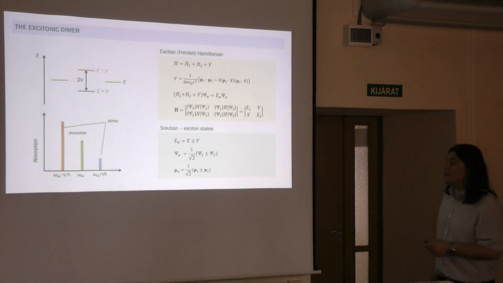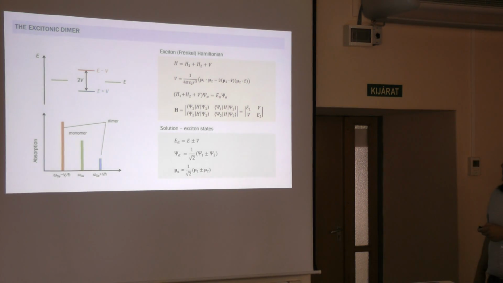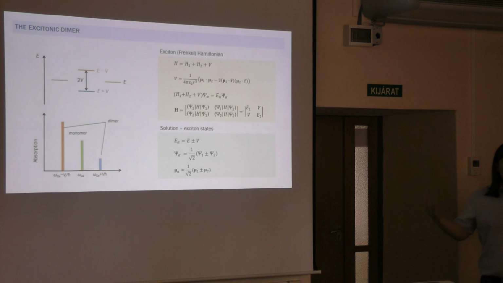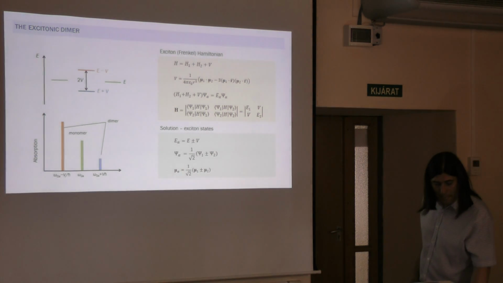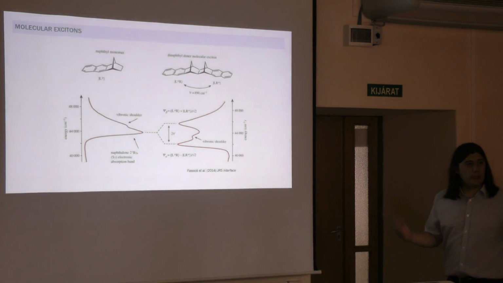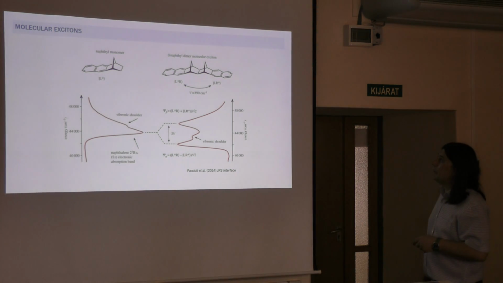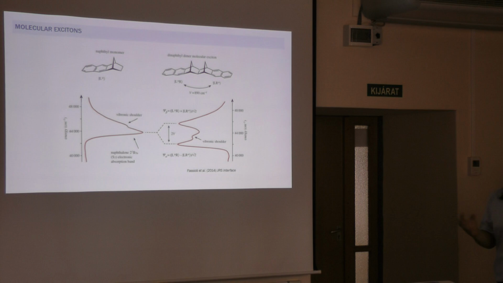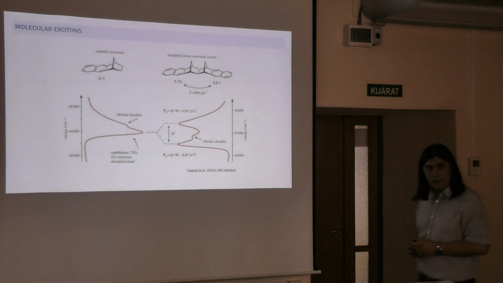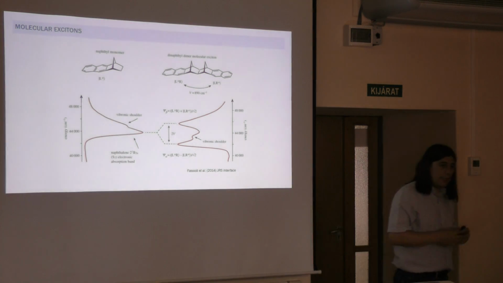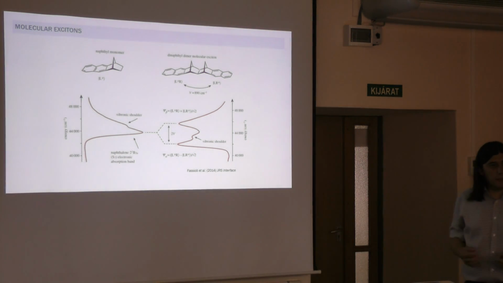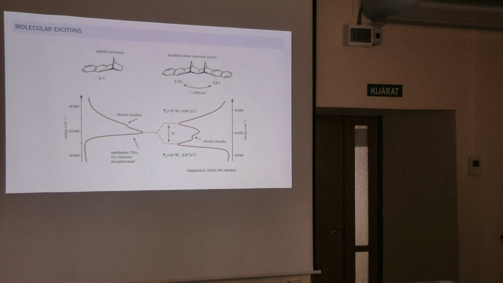What happens is that when we excite one, we excite coherently a superposition of two sites, of two molecules. And then the energy transfer in this case is not a hopping mechanism like in the first limit, but is what we call coherent transfer.